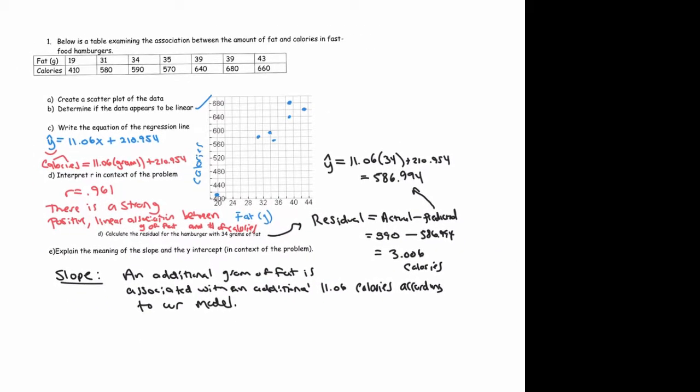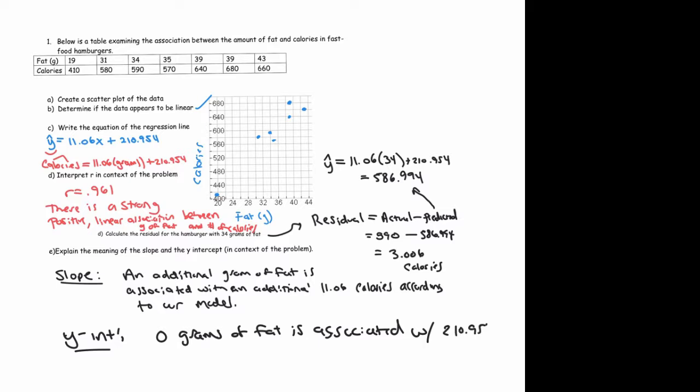And lastly, the y-intercept. The y-intercept is 210.954. So let's restate that. So 0 grams of fat is associated with 210.954 calories.